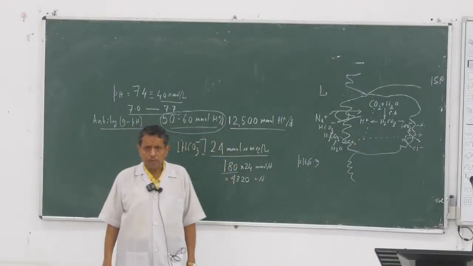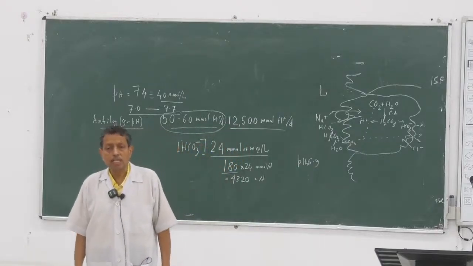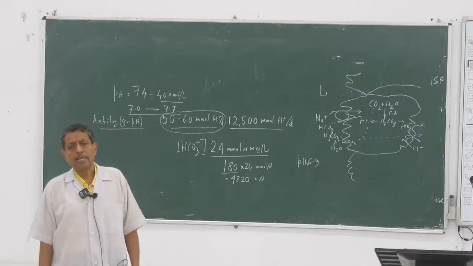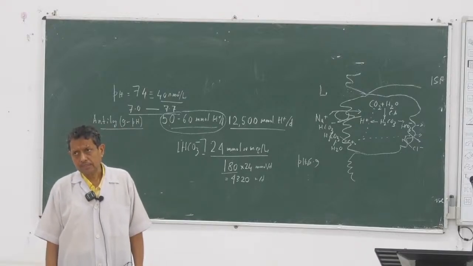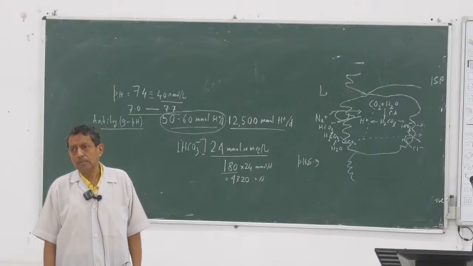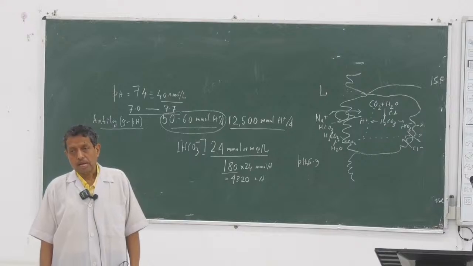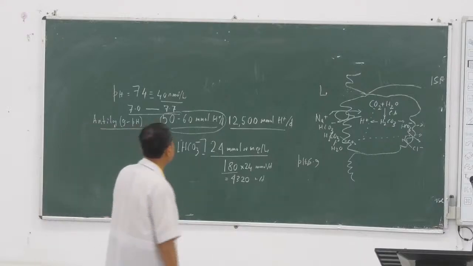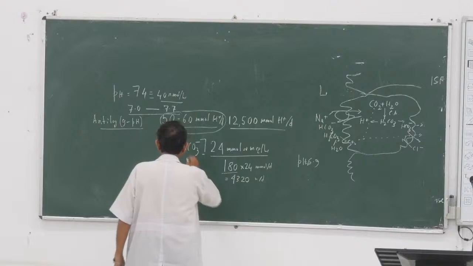In the distal part of the nephron, especially in the distal tubule, connecting tubule, and collecting ducts, less hydrogen ion is eliminated, but the fall in pH is more, and we have to eliminate this amount.